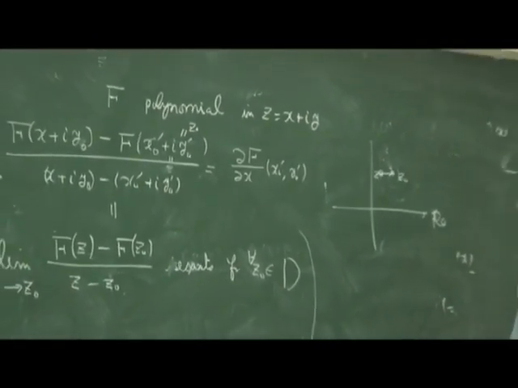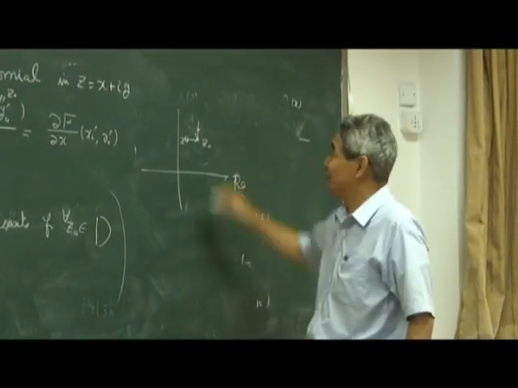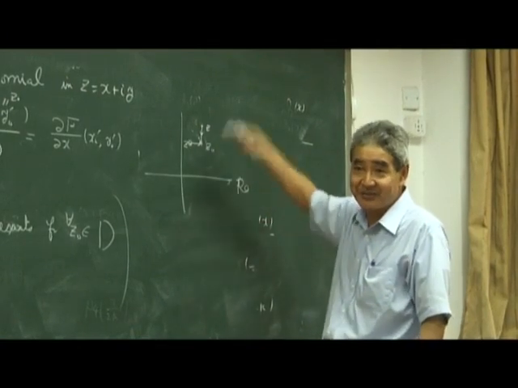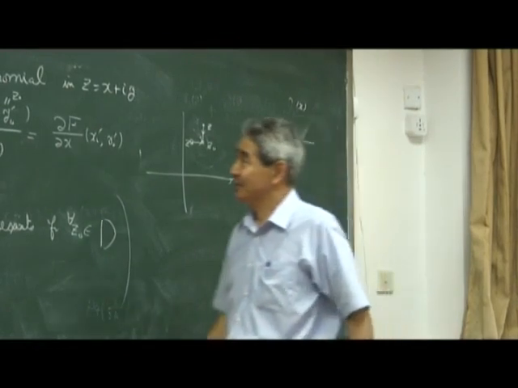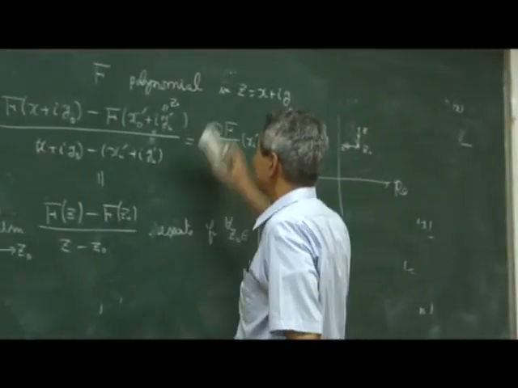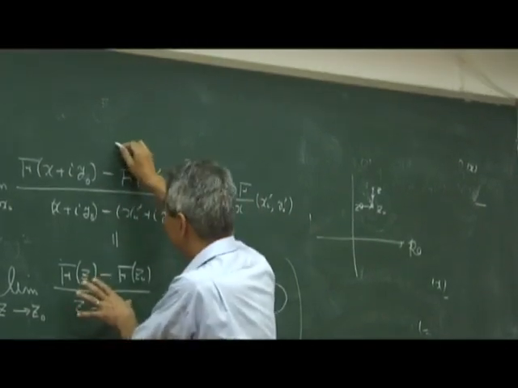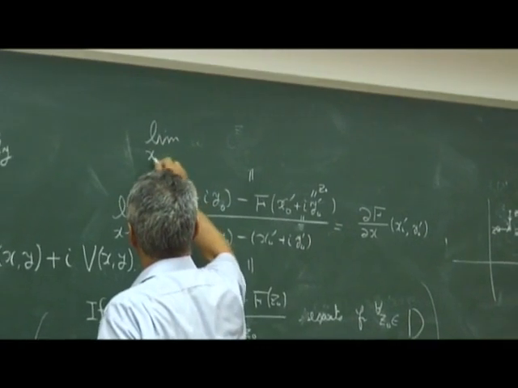But there is also another way to come. Now choose the z which is parallel to the imaginary axis. That's also possible. And if this limit exists, this should also be the same number.